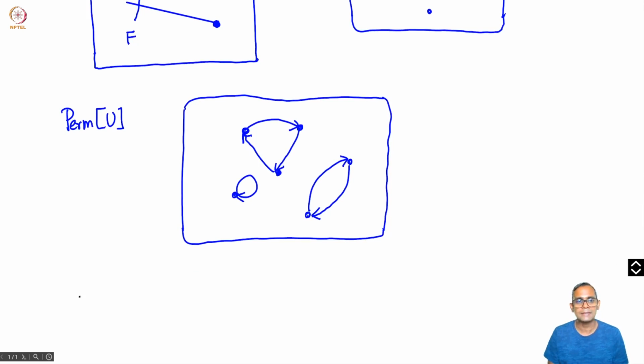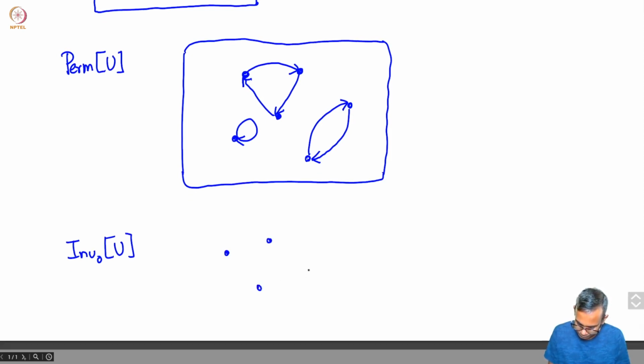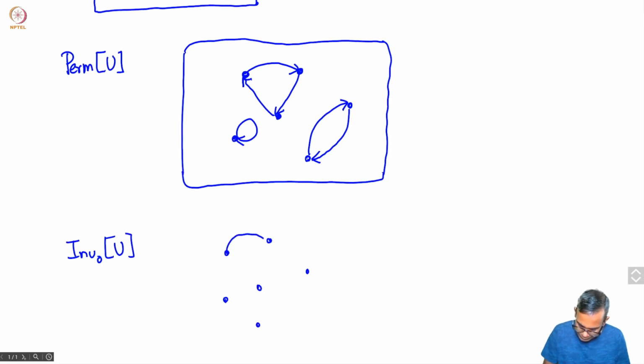And in the last lecture, we saw a species called inv0 of U, which means fixed point free involutions. We would visualize that as something like this.